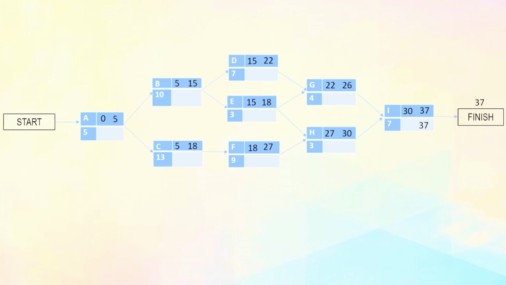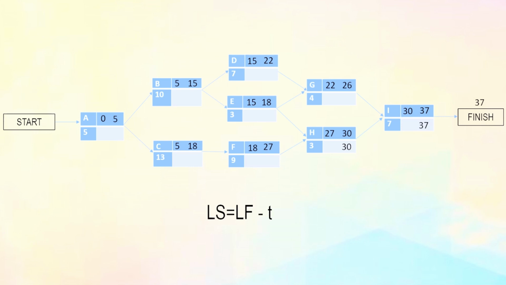As a result, the latest time E has to finish has to be 26 in order for G to start. In essence, when doing the backward pass, the latest finish time of an activity must be the minimum of the latest start time of its successors. Thus, the latest start time for E will be 26 minus 3, which gives us 23.